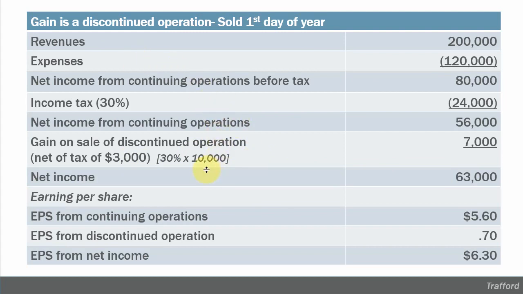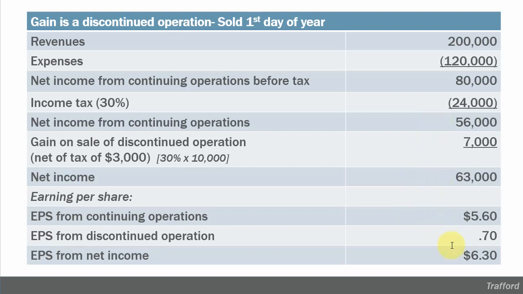The other requirement is to report earnings per share, and because we think it's important enough to separate out the discontinued operations on the face of the income statement in this way, we think it's also important enough to give readers that same information in an earnings per share format. So we would compute earnings per share from continuing operations as 56,000 divided by 10,000 shares.